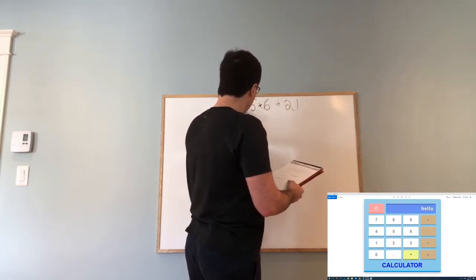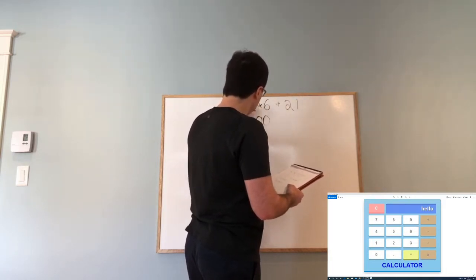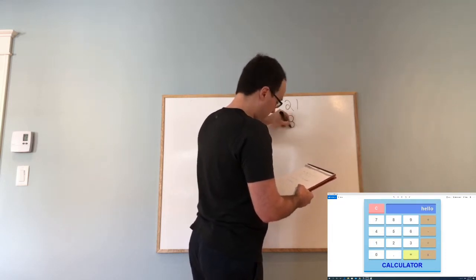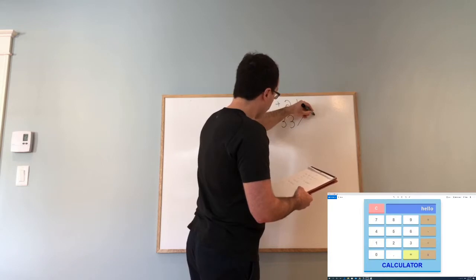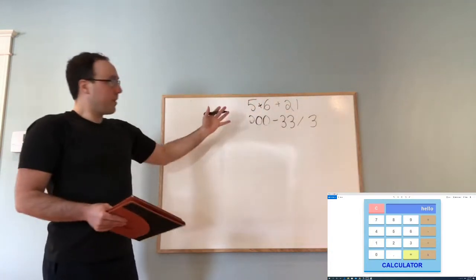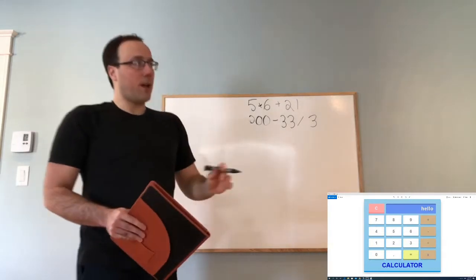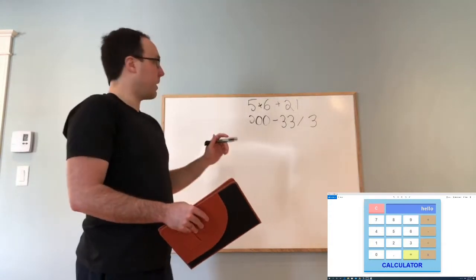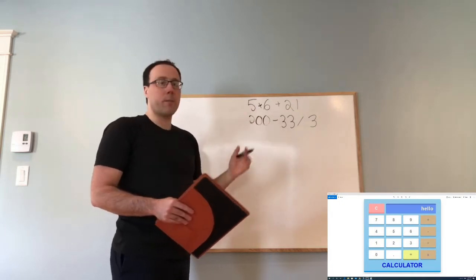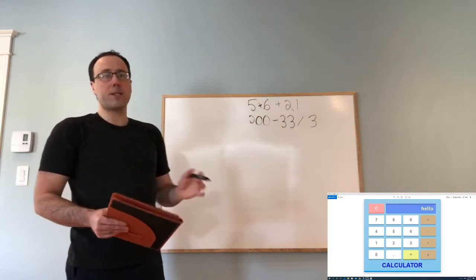And we can also go, let's say 200 minus 33 divided by 3. All right. So these would be basically key presses, and I've got the calculator here, so we can track what button at each step of the formula the person would be pressing.